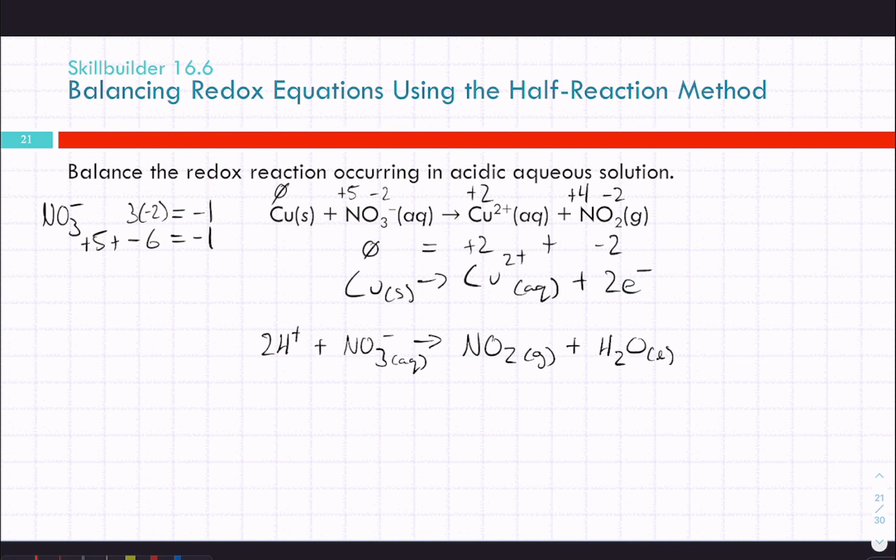Here in our nitrogen reduction reaction, we do have to take into account the fact that nitrate has a 1- charge already, and then we have these hydrogens, which each have a +1. So if the overall charge here is +2, and this is -1, that has to equal what's on the other side, which is currently 0.